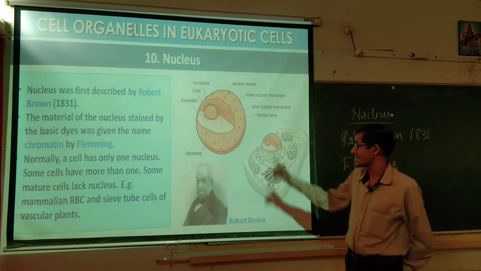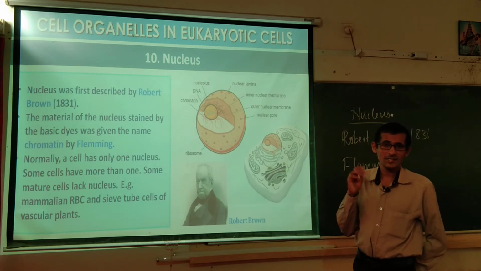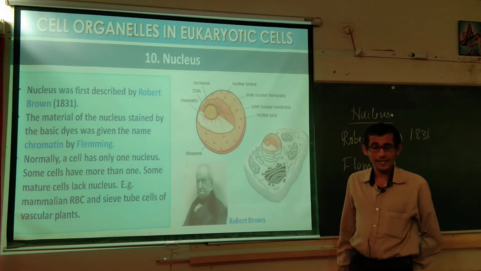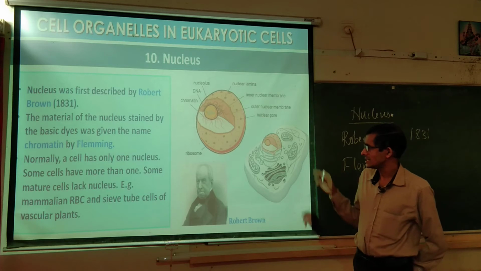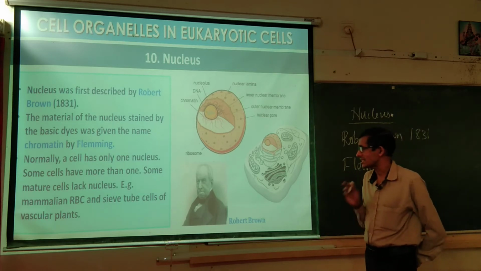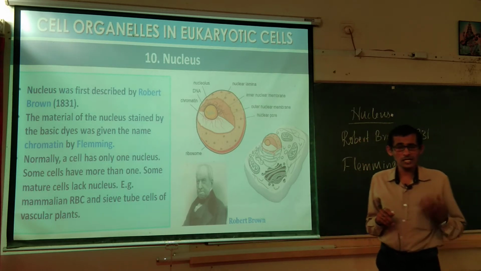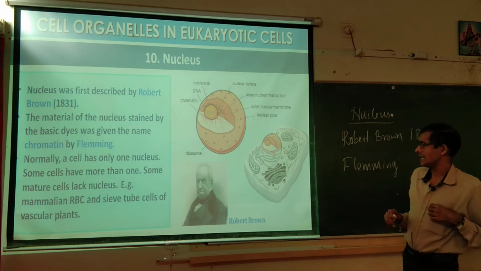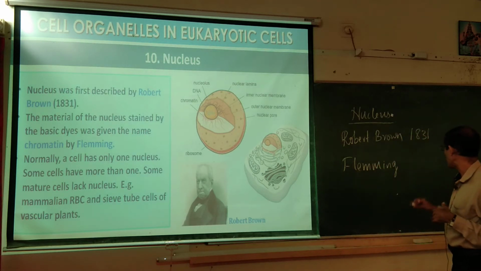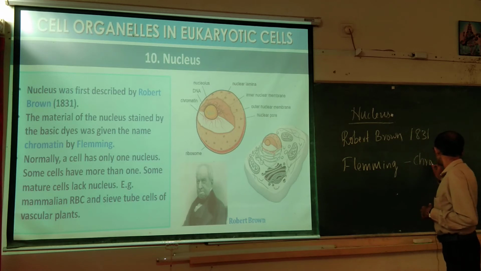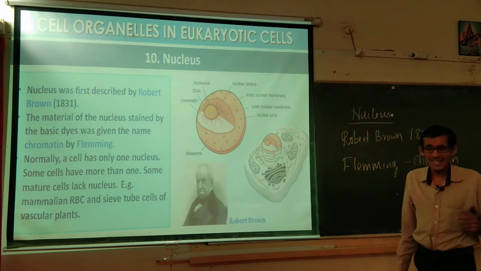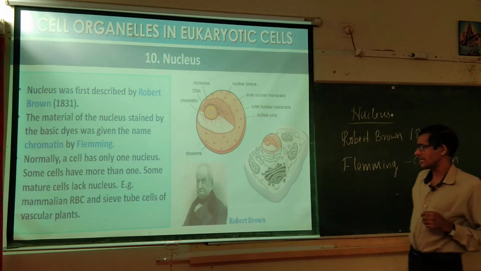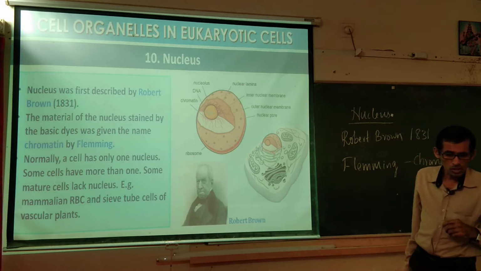In the case of microscopic preparation, with respect to slide preparation, he added the basic dye or coloring agent, and that gives color to the nucleus, and he gave the name chromatin. Chromatin refers to the colored body, the colored part of the cell, and normally a cell has only one nucleus.